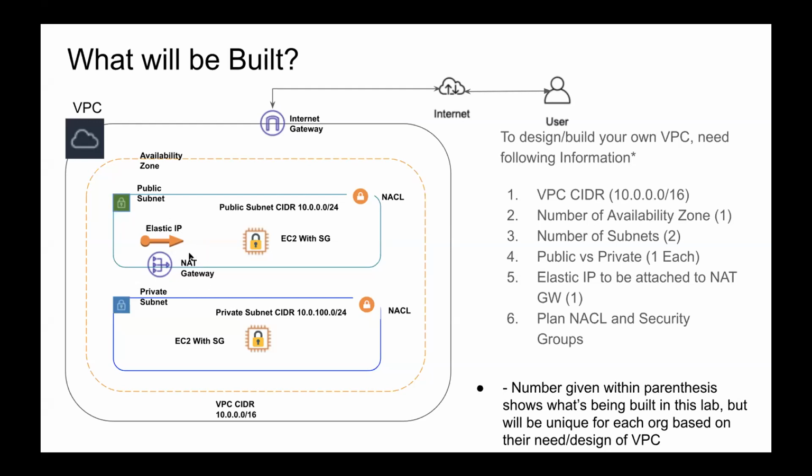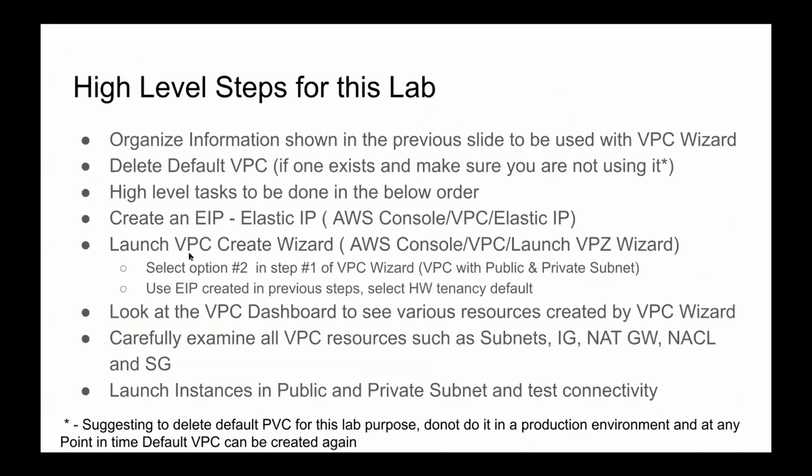So you need to create that first, before you can use the wizard. That's why in the ordering, I've mentioned to create the elastic IP first. Then you launch the wizard to create the VPC using the VPC wizard. In that, we'll be selecting option 2, and we would be using the EIP, the elastic IP, that we created in the previous step. So, we'll go through all of those things.